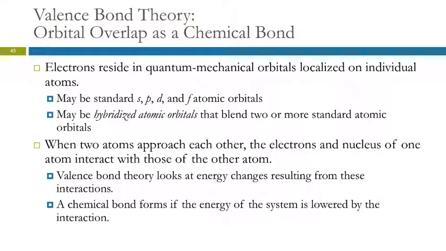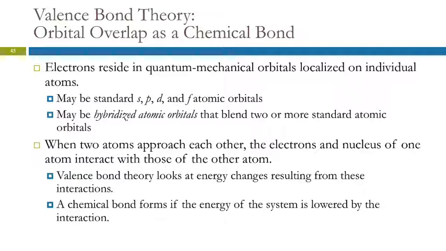So in valence bond theory, we think of a chemical bond as being an overlap between orbitals. We know that electrons reside in orbitals that are localized on individual atoms, and we looked at the shapes of those, the s, the p, the d, and the f orbitals.